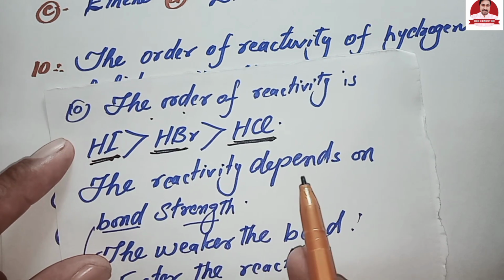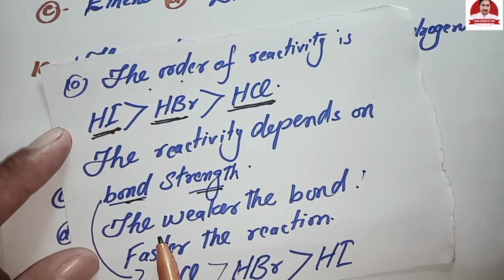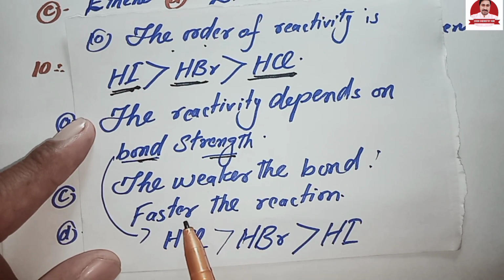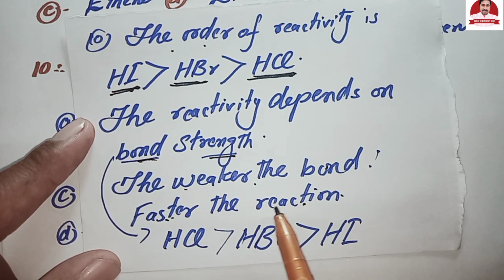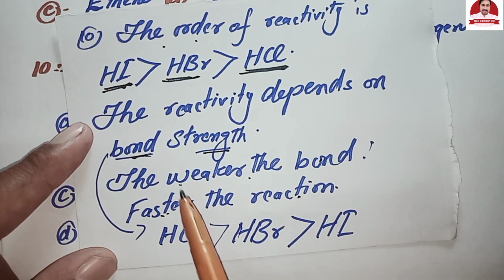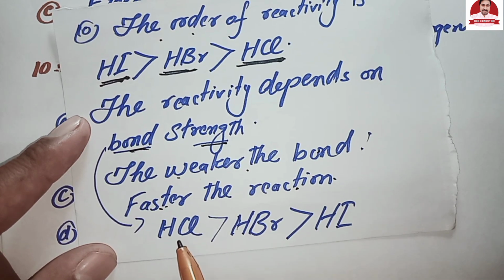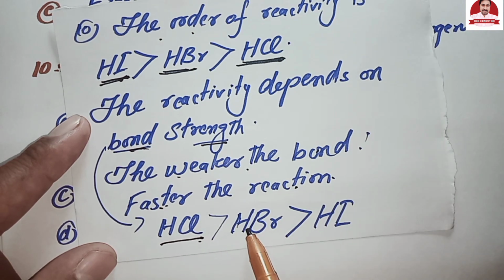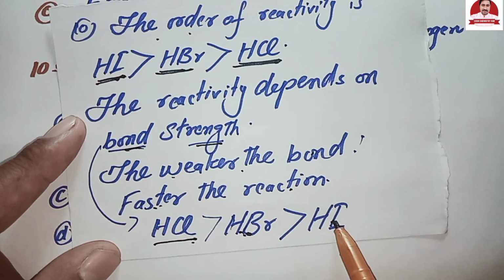So this reactivity depends on the bond strength. The weaker the bond, the faster the reaction. So here the bond strength of hydrogen chloride is stronger than hydrogen bromide, and hydrogen bromide is stronger than hydrogen iodide.